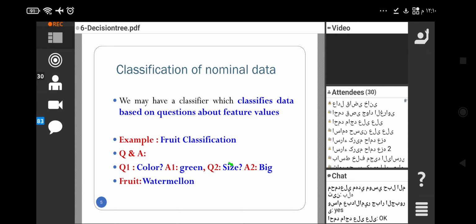And each feature has a limited number of values.